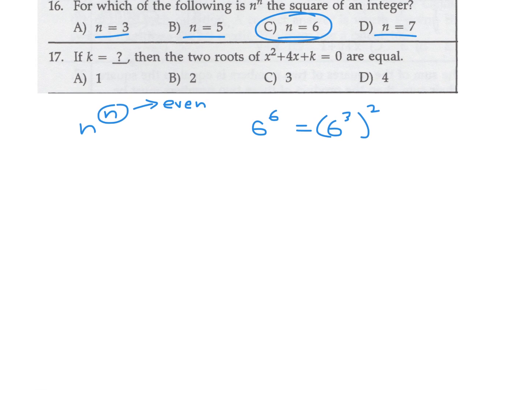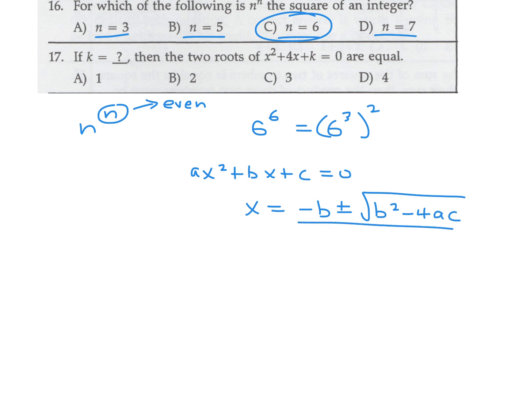If k is equal to something, then the two roots are equal. So you guys remember ax squared plus bx plus c is 0. x would equal minus b plus or minus the square root of b squared minus 4ac, quadratic equation, all over 2a. Well, the roots are equal if this guy is equal to 0.